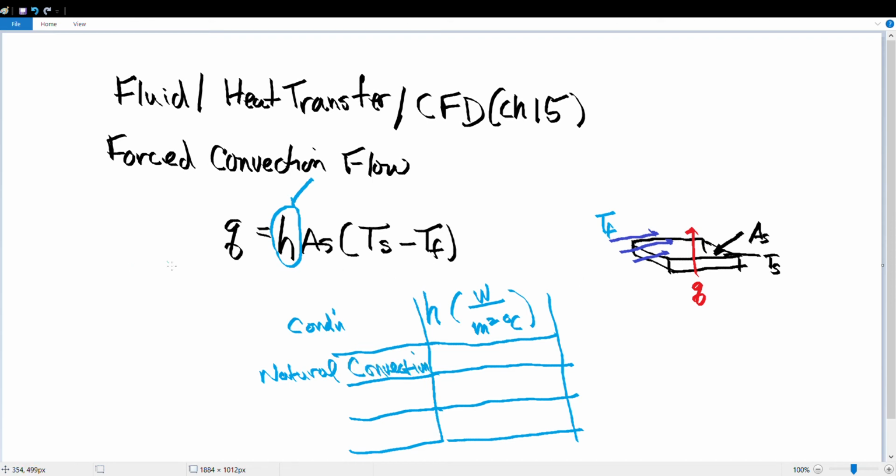So natural convection is basically, if you just had a rectangle like that, and again you had your heat flow. So this could be a chip that has internal heat generation.